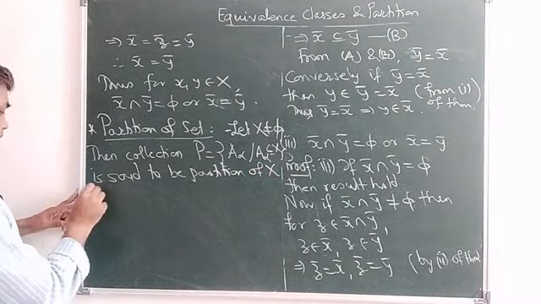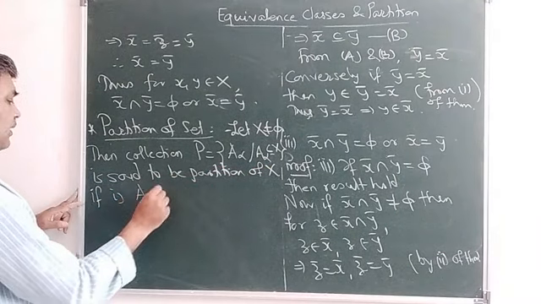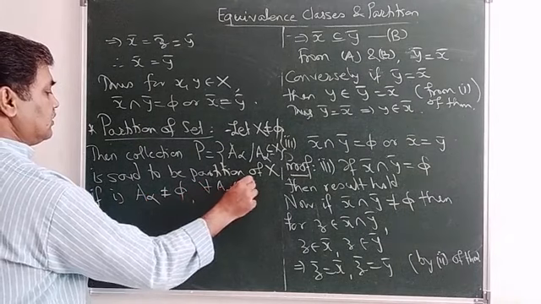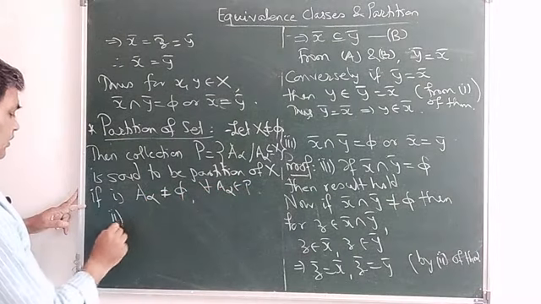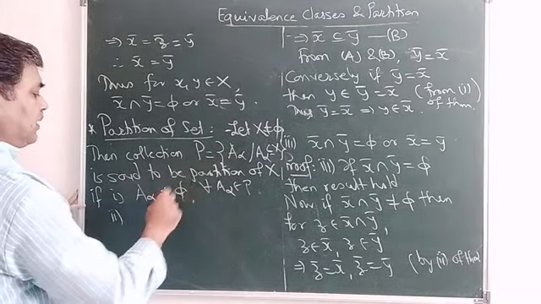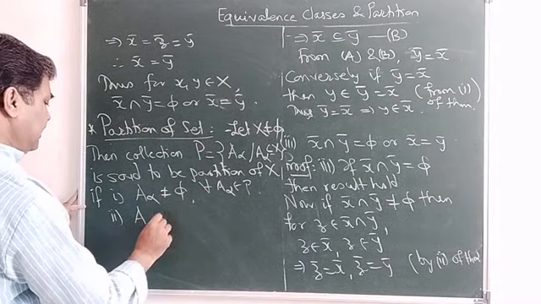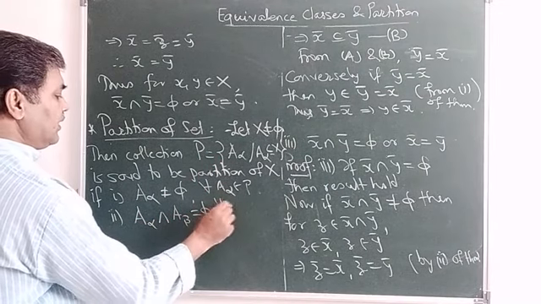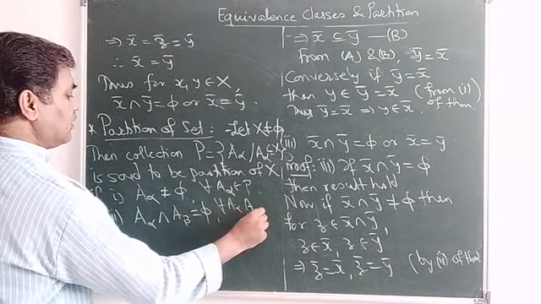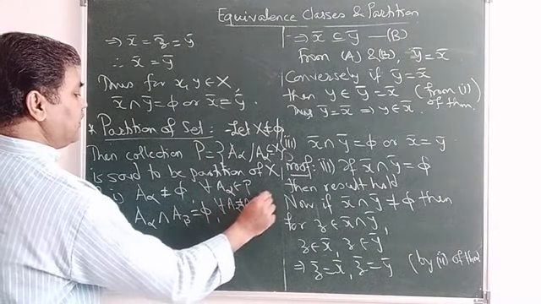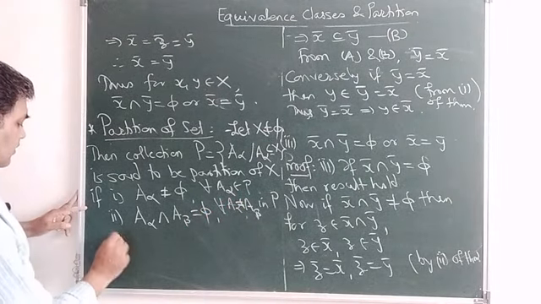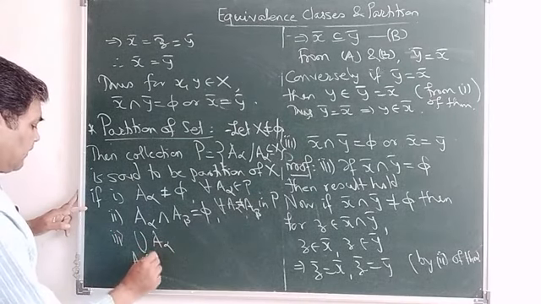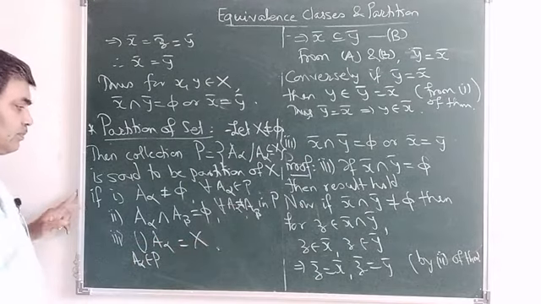if, first, A alpha is not equal to phi, for every A alpha belonging to P. Second, any two members in P are pairwise disjoint: A alpha intersection A beta must be equal to phi for any A alpha not equal to A beta in P. And third, the union of A alphas, A alphas belonging to P, must be the whole set.